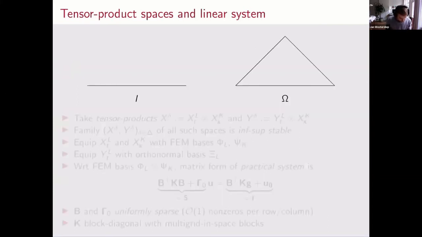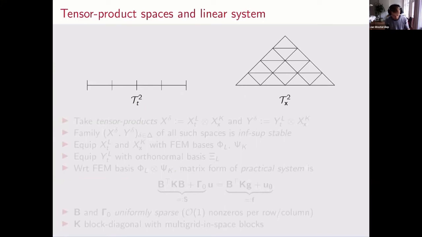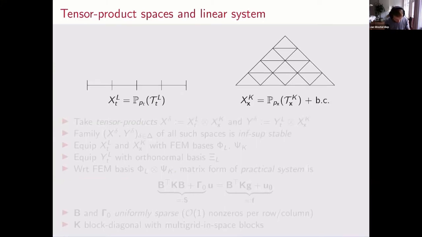Okay, very quickly maybe. So we have here time and space, some initial discretizations, and we're just going to do red refinements both in time and space. And then we're going to overlay for our trial space, temporal trial space, piecewise polynomials of certain degree, and in space, piecewise polynomials of some other degree with some built-in boundary conditions.